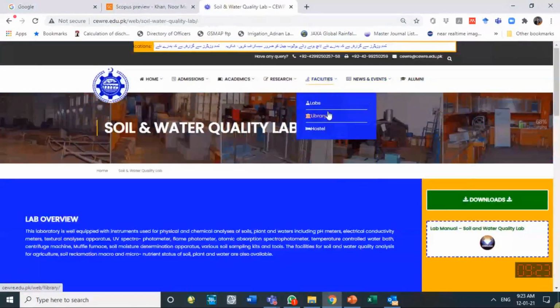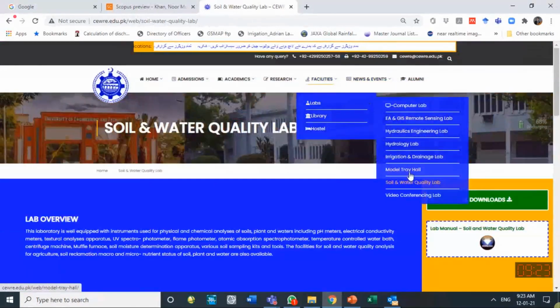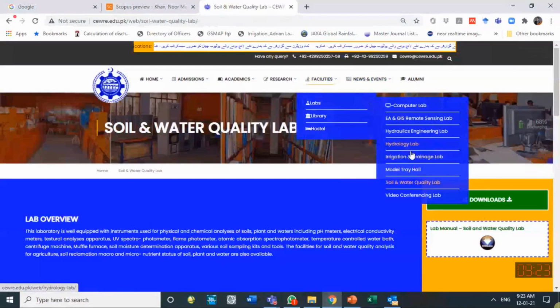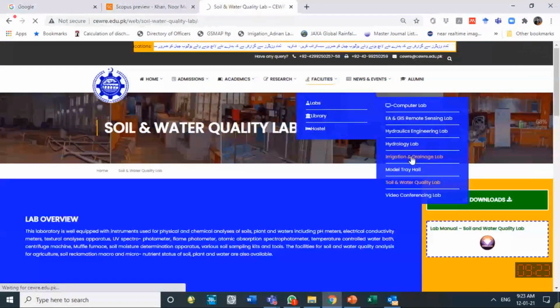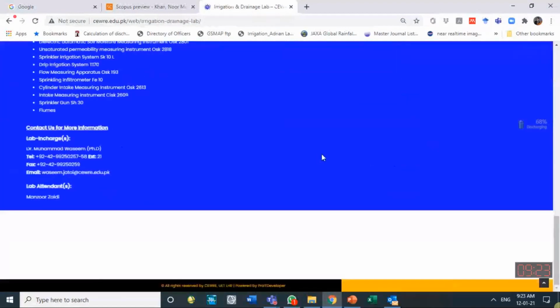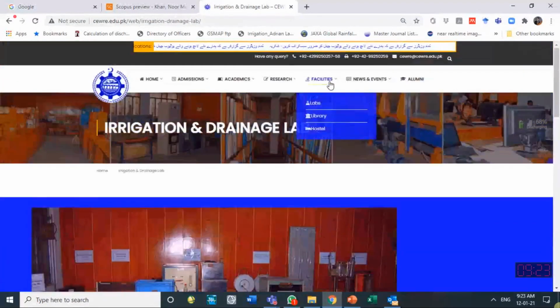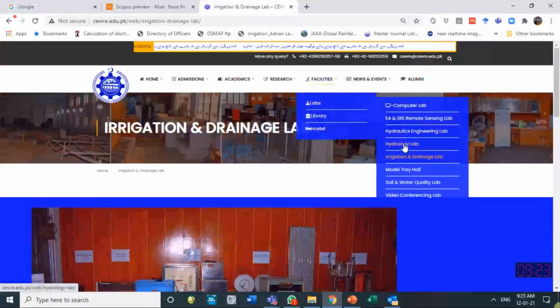We have an observation well installed. Let me see who is maintaining it: irrigation, drainage or hydrology lab. इन दोनों में से कोई एक maintain कर रहा है. ये नहीं कर रहे. Hydrology lab.